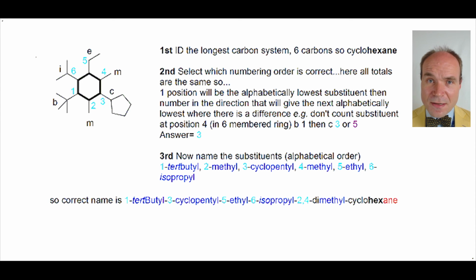So the final name is 1-tert-butyl, 3-cyclopentyl, 5-ethyl, 6-isopropyl, 2,4-dimethylcyclohexane. Remember, the di indicates there are 2 methyl groups here.